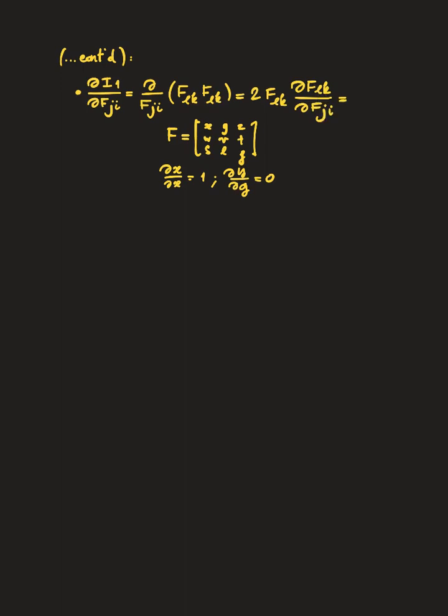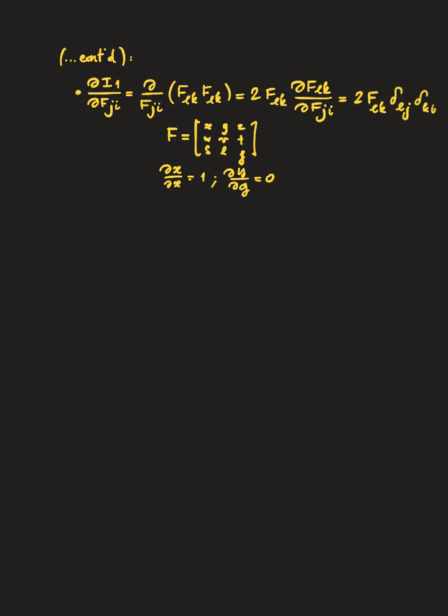Because if this is equal to this and this is equal to this, then this variable is really this variable and then this guy is equal to 1. In all other cases, this is equal to 0. So for this reason, we can say that this is equal to 2Flk and then the Kronecker delta LJ and then the Kronecker delta Ki. Of course, K and I are symmetric, so you could transpose.